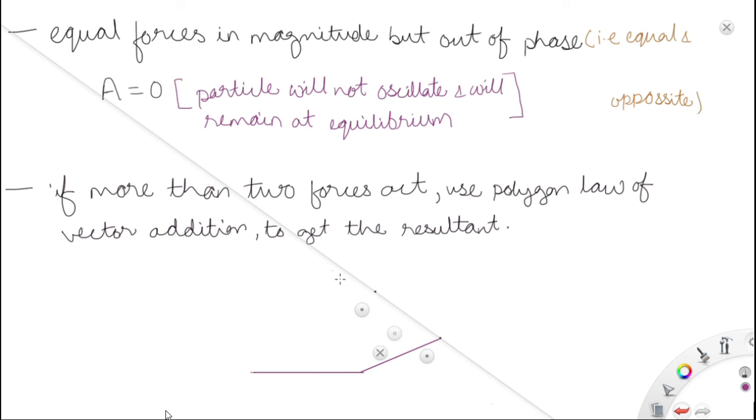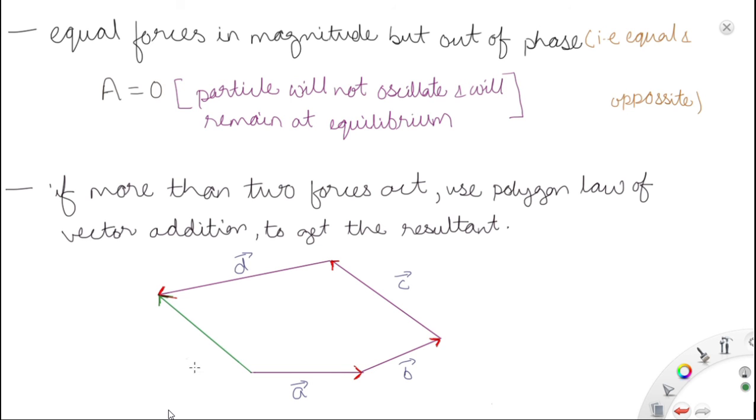This is the polygon law. The green one is the result, so A, B, C, D will give you R. So if more than two forces act, use polygon law of vector addition.